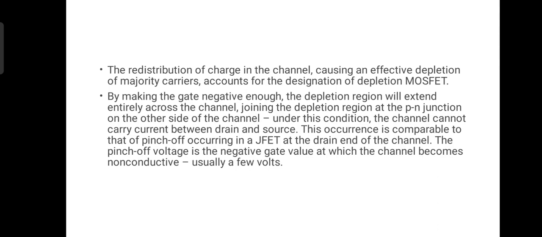topologies use shared media access control protocol. Ethernet, CMS, CD, carriers and multiple access This occurrence is comparable attention. 10 to Mbps, that of 100 pinch Mbps, off 1 occurring Gbps. in a JFET MAC, at the media drain end of access the control. channel. 4 Mbps, The 16 pinch off Mbps. voltage is the DTA, negative SMT, station negative map, gate value 100 at Mbps. which the channel becomes non-conductive, usually a few volts.